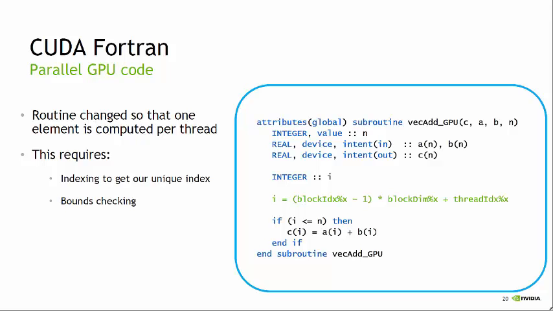So I've changed this. Did the thread indexes start at 1 in Fortran rather than 0? It starts at 1, yeah. In C they start at 0, in Fortran they start at 1. In CUDA C they start at 0, CUDA Fortran they start at 1. Indices in general in Fortran start at 1, so it's expected.